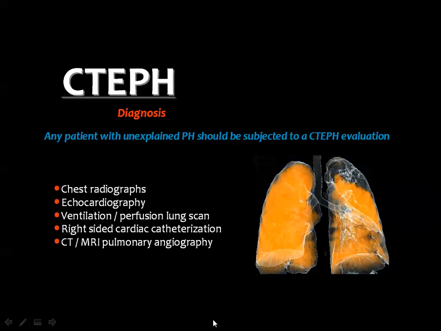Then, whenever CTEPH is suspected, any patient with unexplained pulmonary hypertension should be subjected to a CTEPH evaluation. This evaluation includes a chest radiograph, echocardiography, ventilation perfusion scan, right-sided cardiac catheterization, CT or MRI, and pulmonary angiogram.